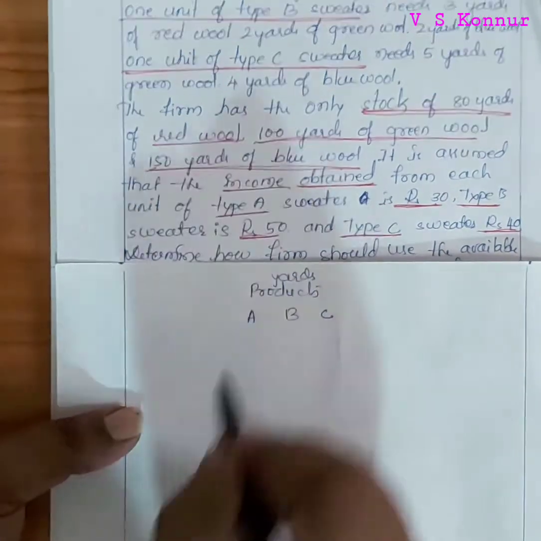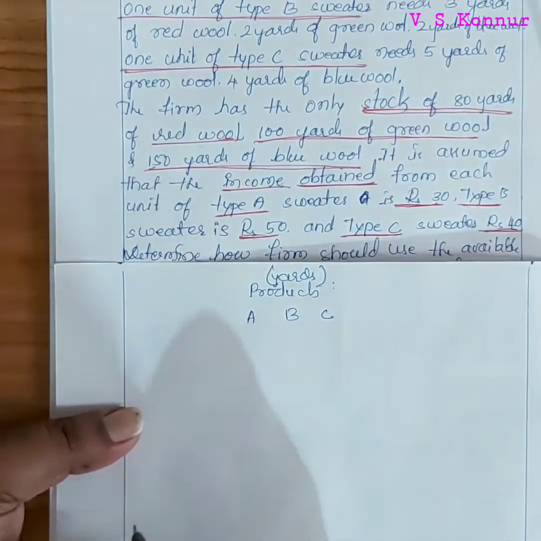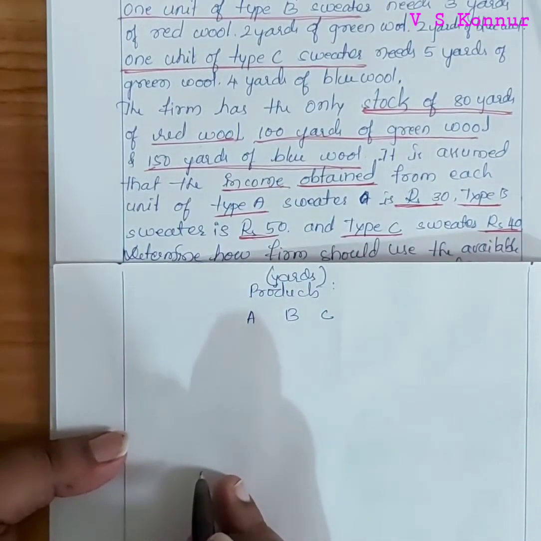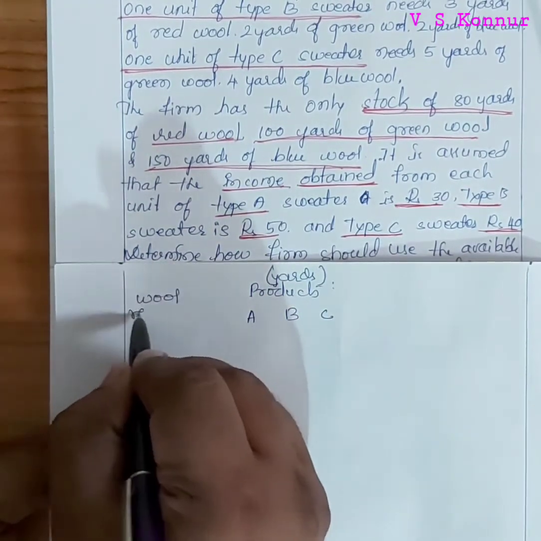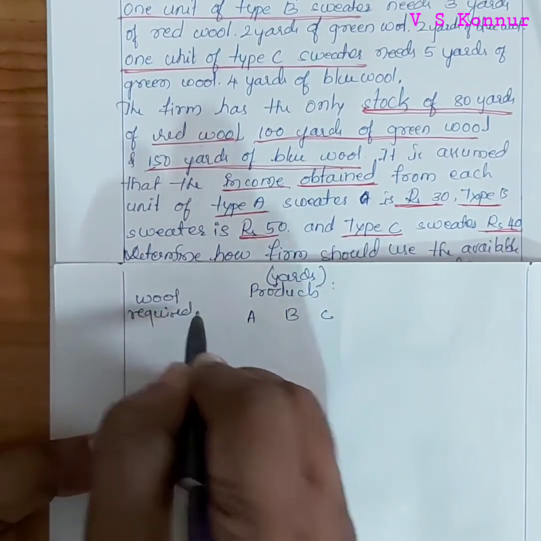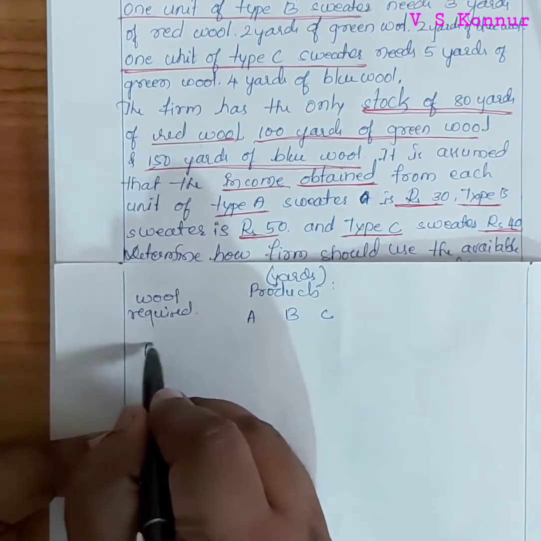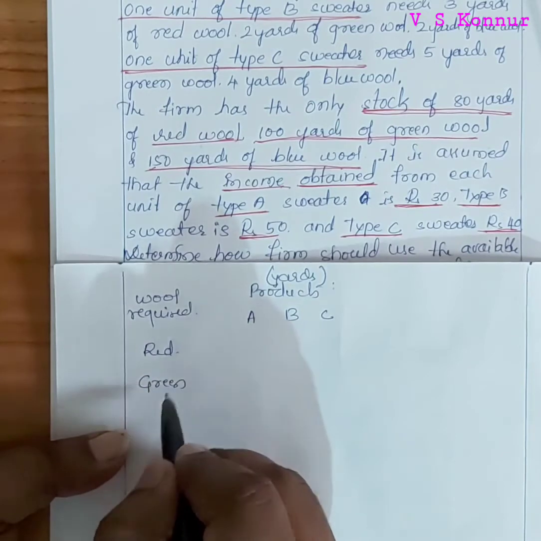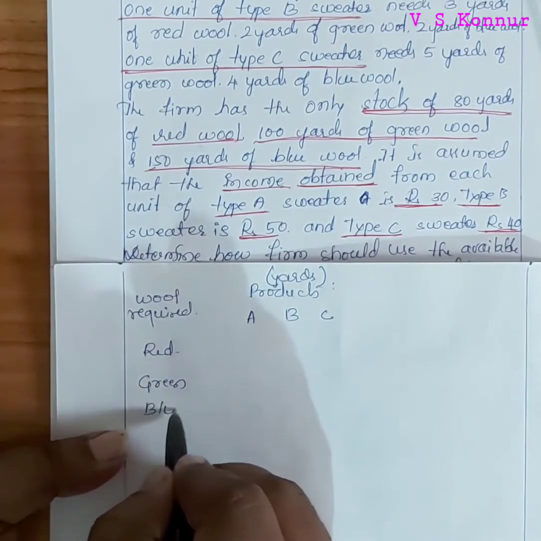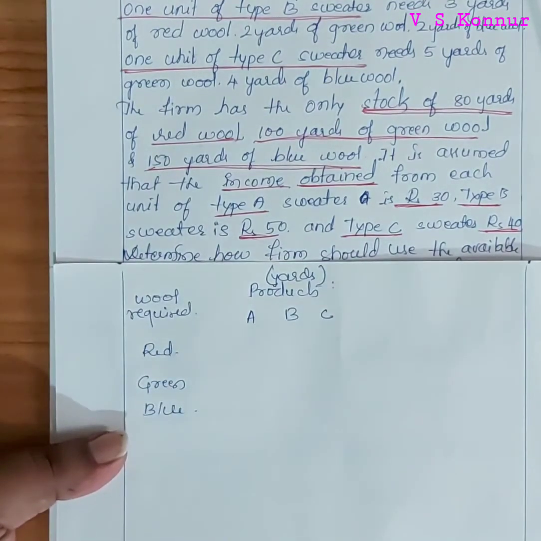The wools required are red wool, green wool, then blue wool. 3 wools are required. It is given in the problem.